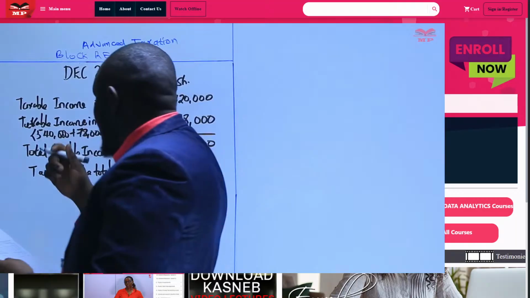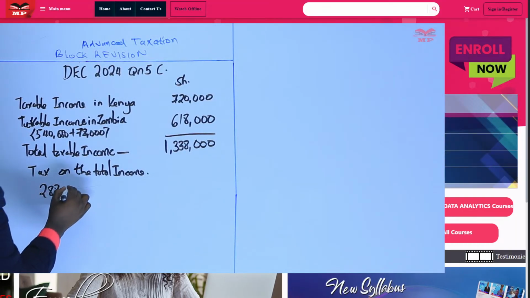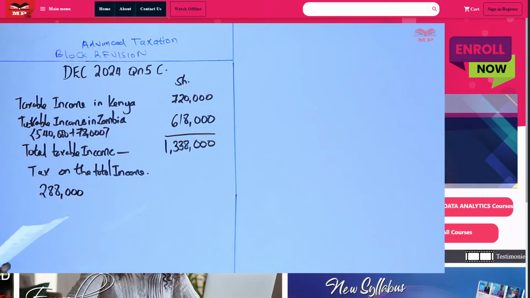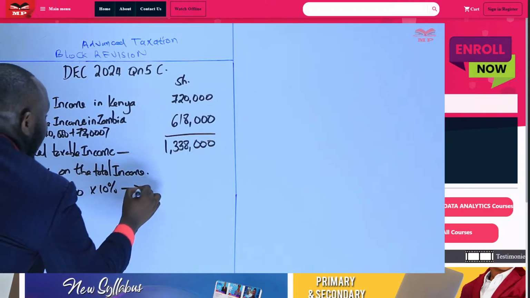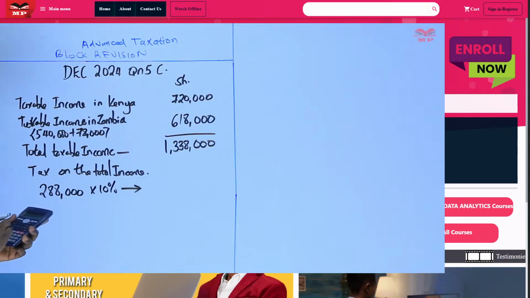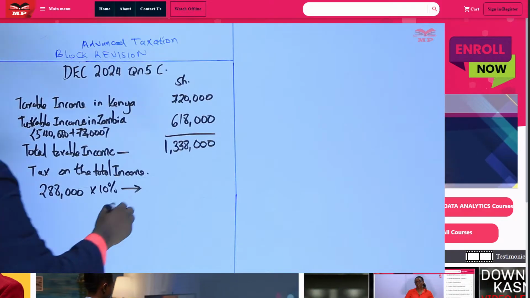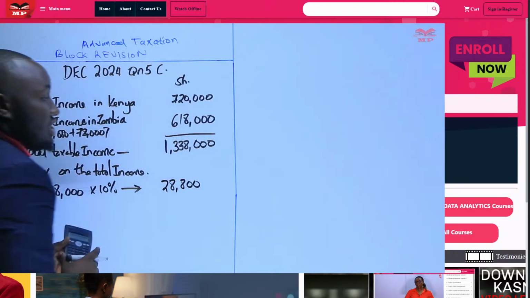We're being told that the first 288,000 on annual, we tax at 10%. So 288,000 times 10%, that is 0.1, should give us a figure of 28,800.